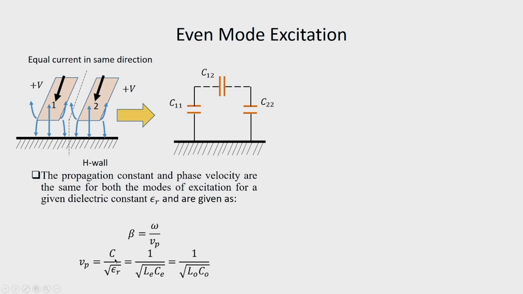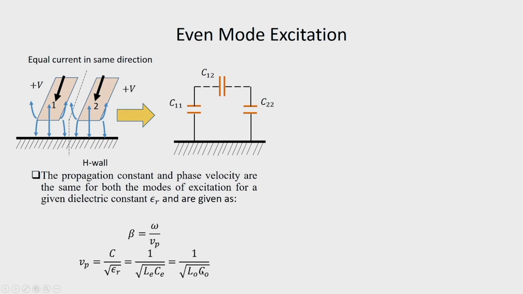C is the velocity of light in free space, and this can be written as 1 by root L E C E. This L E and C E, these are the even mode quantities, and equal to 1 by root L O C O, odd mode quantities.